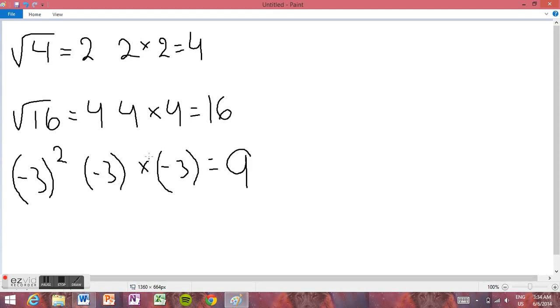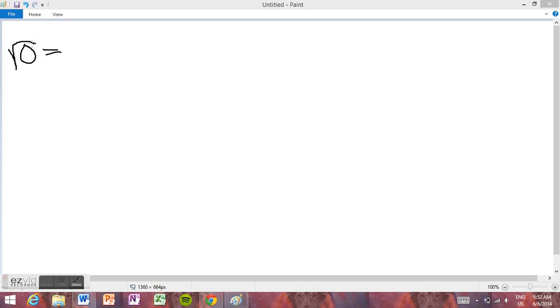If you don't have the parentheses, it will only be negative 3 times 3. But because there's the parentheses, there's negative 3 times negative 3. Another example would be the square root of 0, which of course is 0, because 0 times 0 is 0.